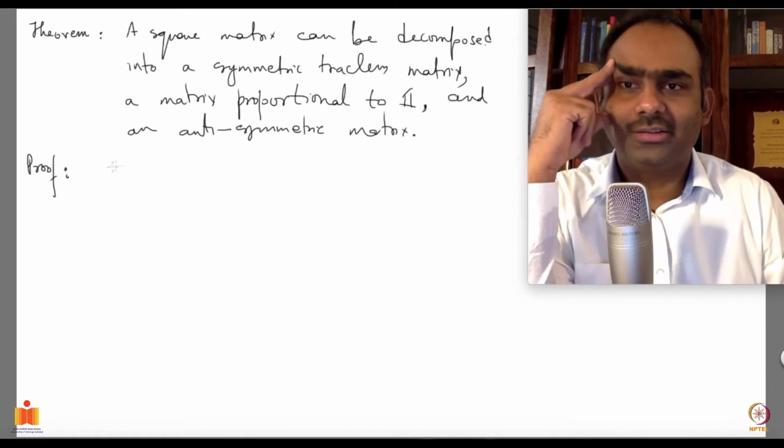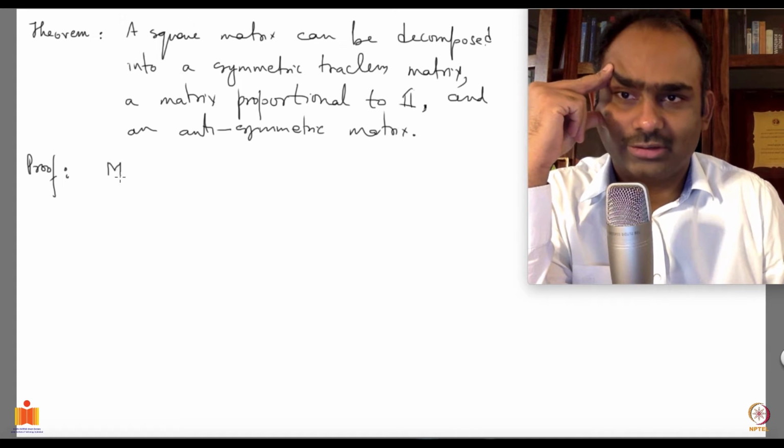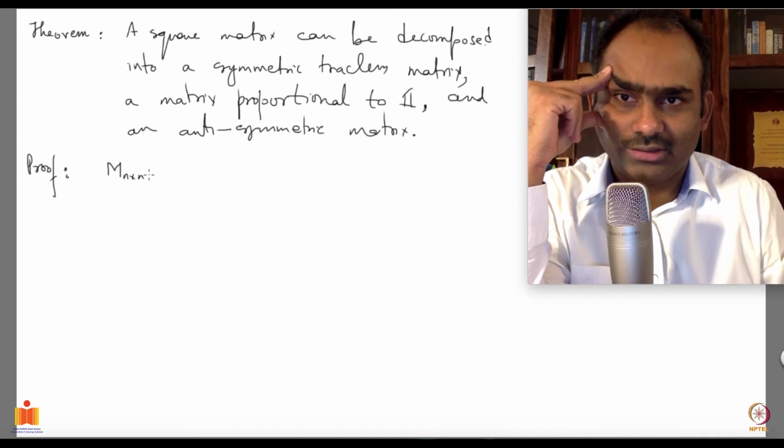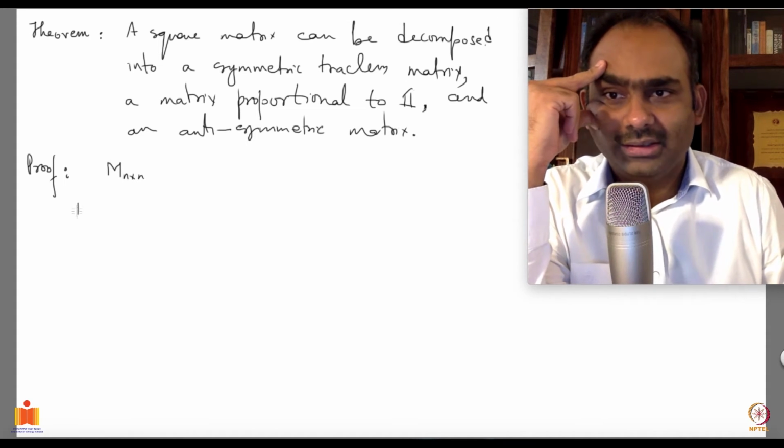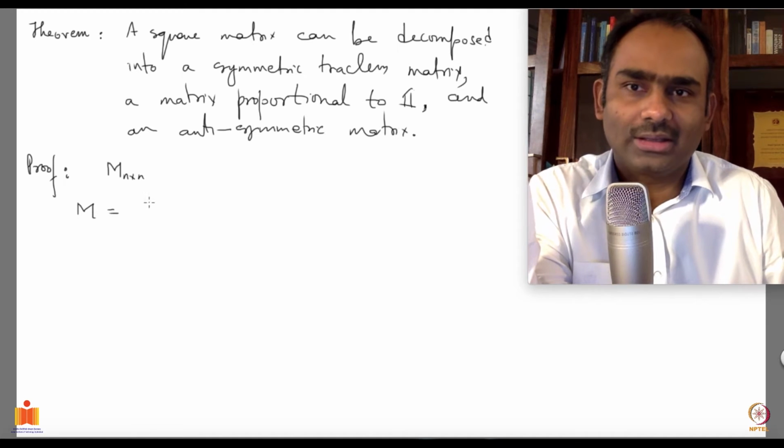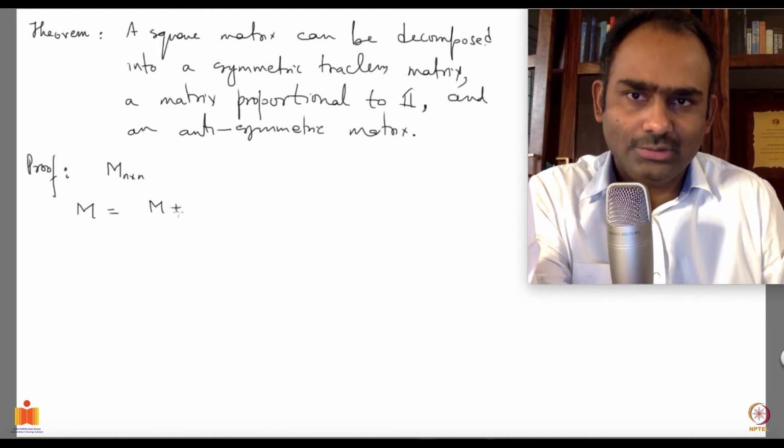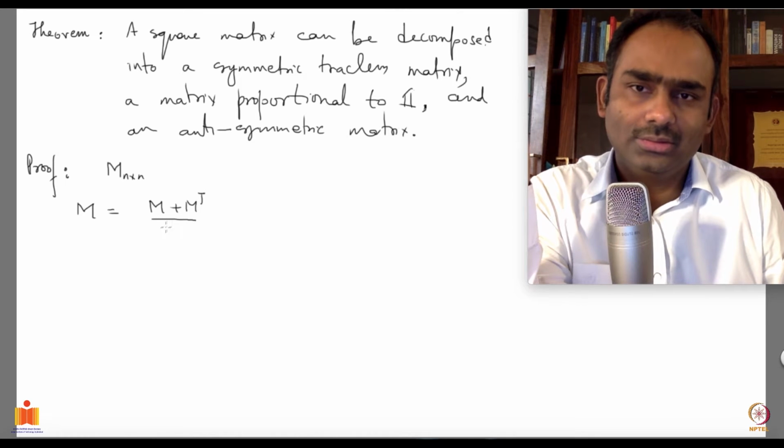So let's say you have M, which is an n cross n matrix. So I can write down M as (M plus M transpose) by 2 plus (M minus M transpose) over 2.